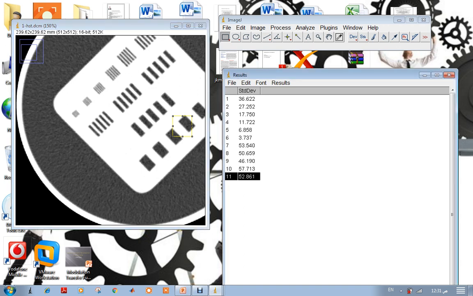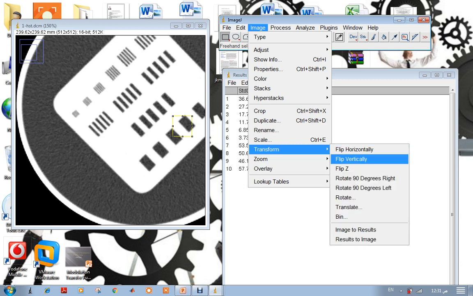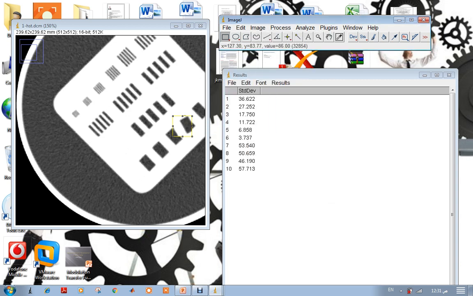I'm sorry, I repeat this again. You can do something, it will be easy. You can rotate the image: Image, Transform, Rotate 15 degrees.